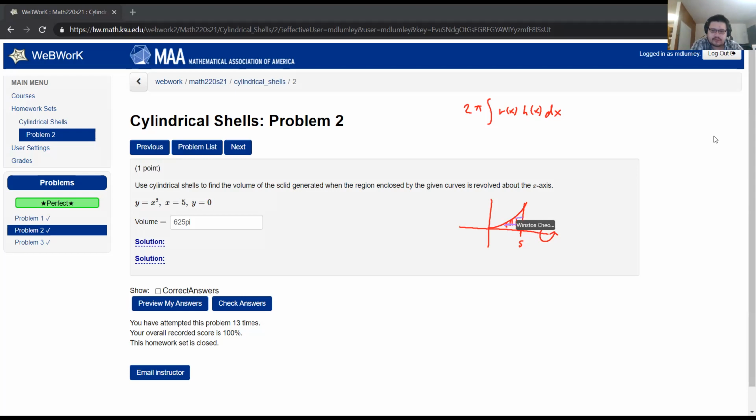So it will go from y equals 0 to whatever this value is. If x is equal to 5 here, y is going to be the square root of 5.